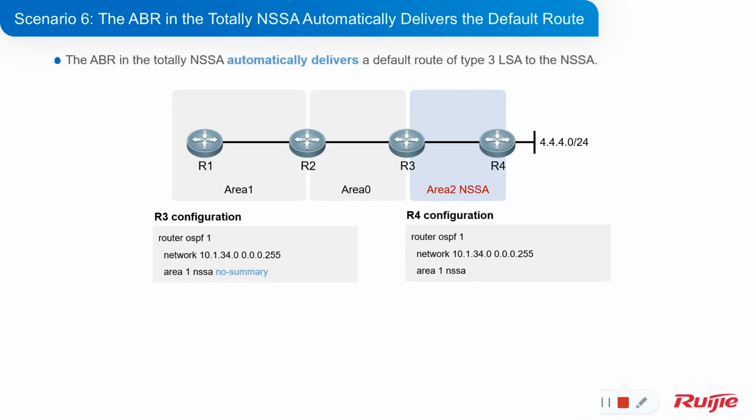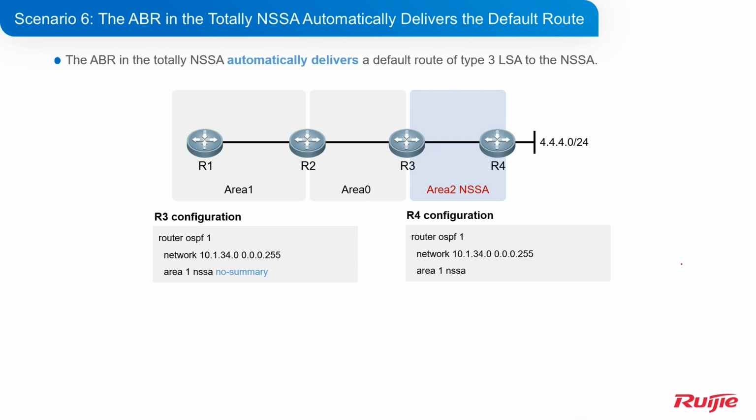And next scenario. For this scenario, we also introduce a special area, the totally NSSA area. The ABR in the totally NSSA area automatically delivers the default route. This is the difference between the NSSA area and the totally NSSA area. For the NSSA area, we have to deliver the default route manually, and for the totally NSSA area, the default route is generated automatically.